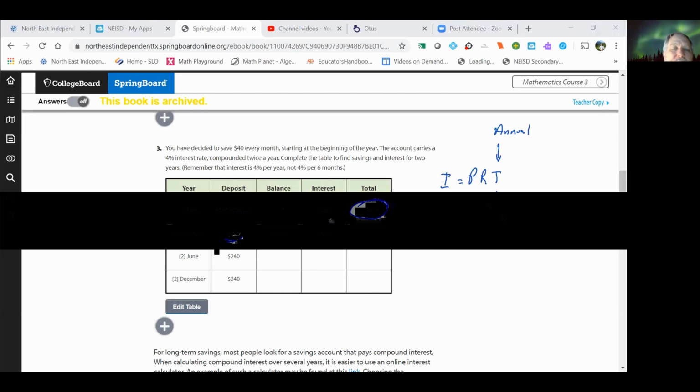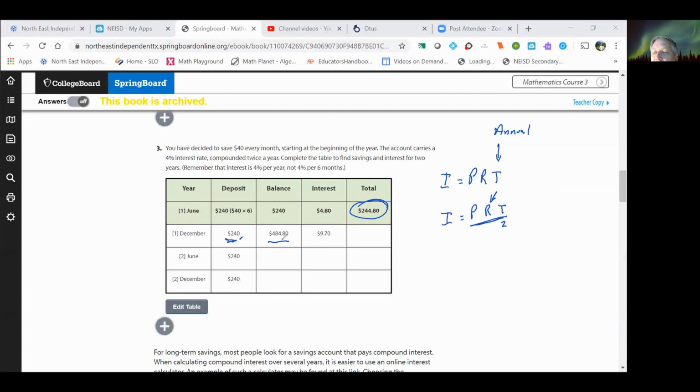So our balance at the end of the year that's going to be used for our interest calculation now is $484.80. And again, we can take that $484.80 times 0.04. Remember, we're doing half a year, so we're going to divide by 2. So that was 19.39.